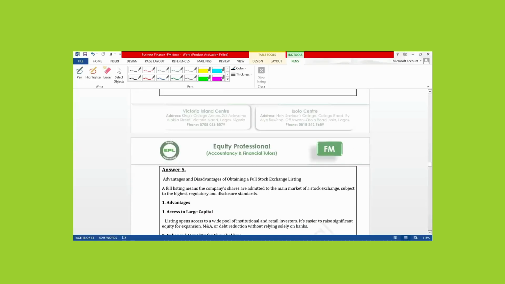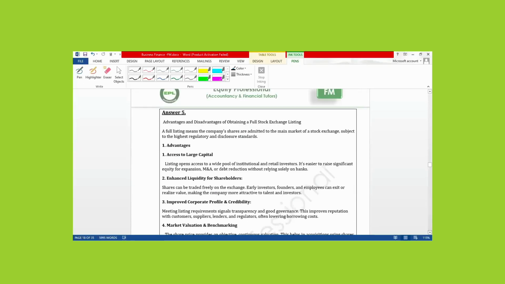So please, your exam is a combination of theories and calculation. So if we discuss theory, please read it. Advantages and disadvantages of obtaining a full stock exchange listing.